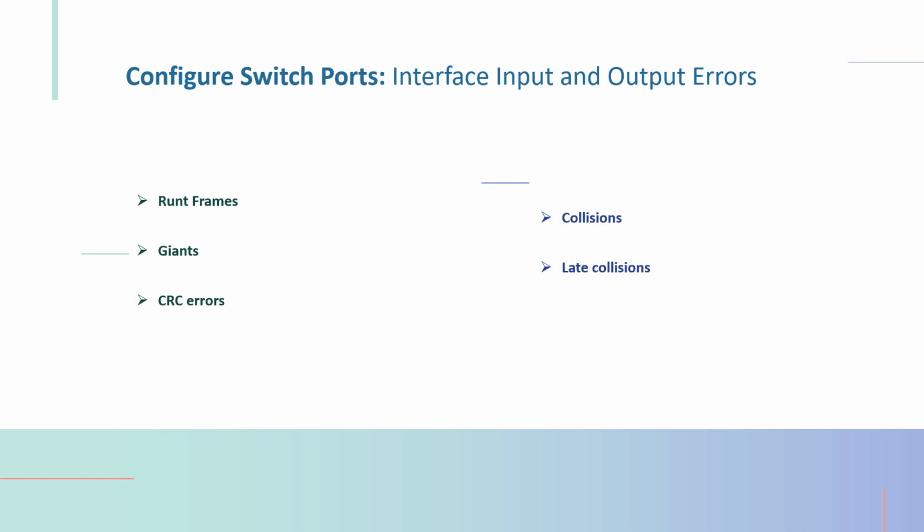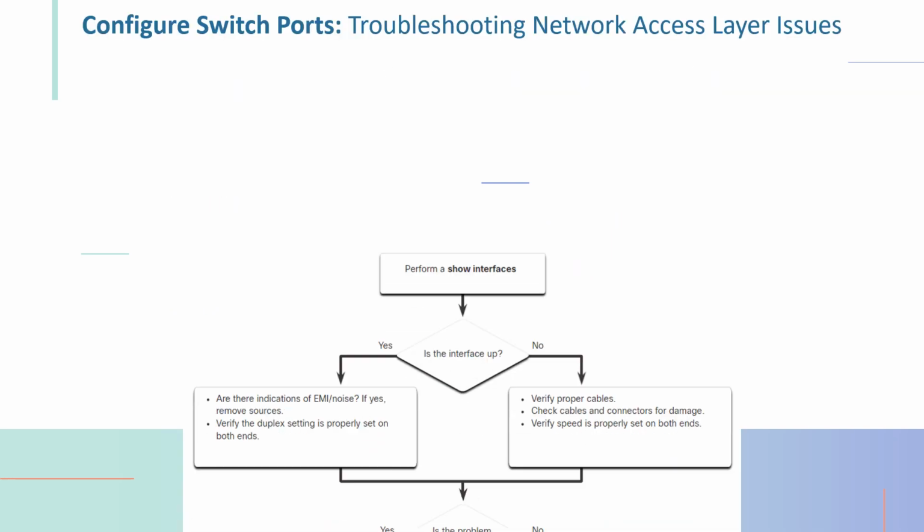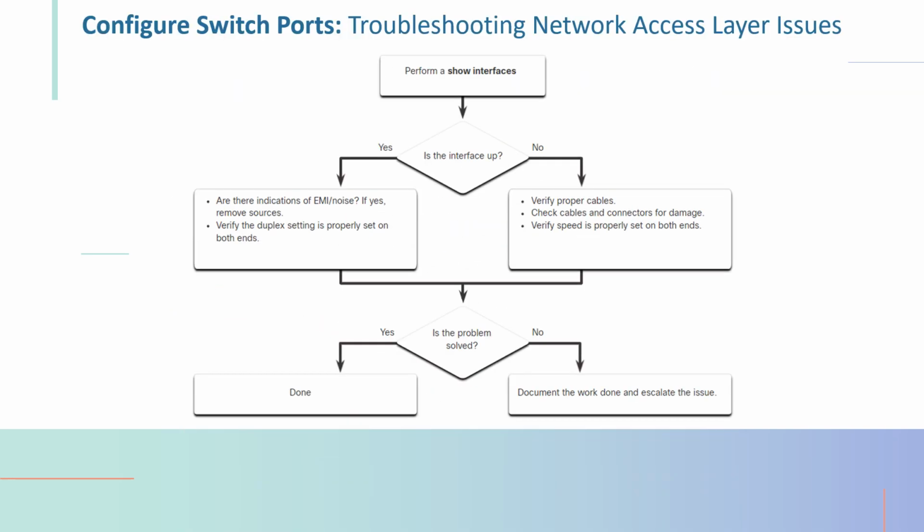To troubleshoot scenarios involving no connection or a bad connection between a switch and another device, you have to go through a general process, and these steps are shown in this slide. You perform the command show interface, and from the information you get there, you will see if the interface is up or down.